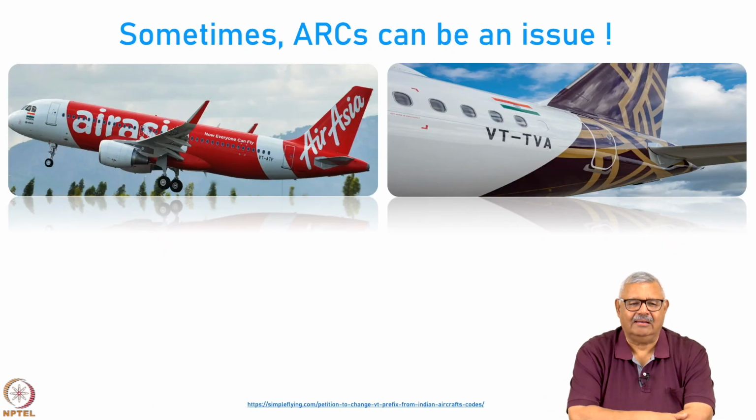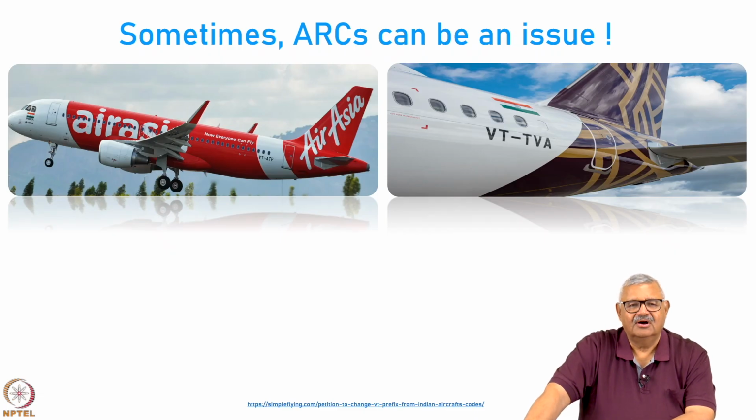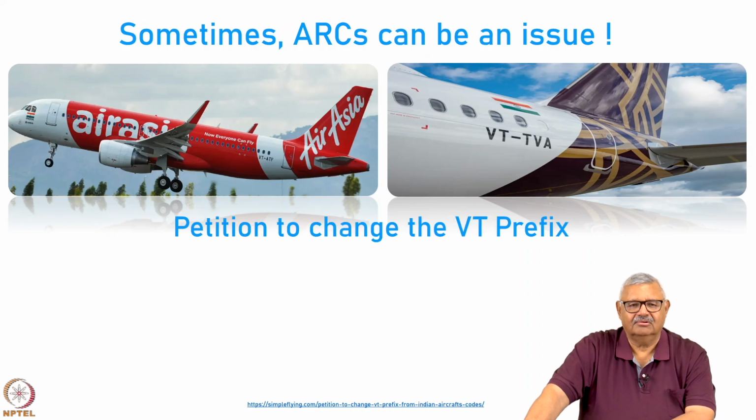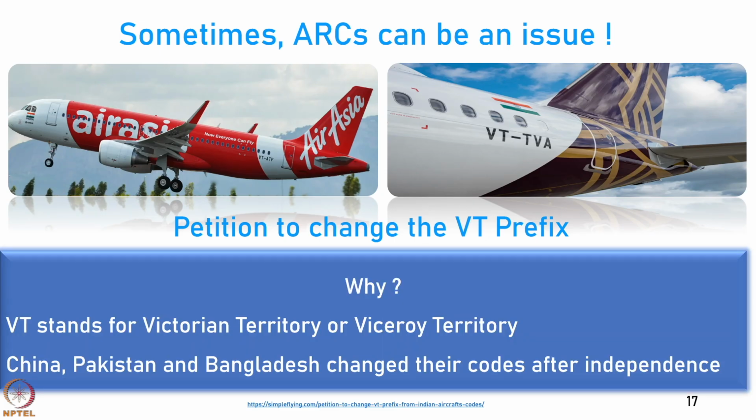Some ARCs can be an issue, especially with some political connotations. For example, all aircraft in India are registered as VT, VT something. Now there is a petition to change the VT prefix because it is assumed that this VT is talking about the British colonial mindset. So VT stands for Victorian Territory or Viceroy Territory.